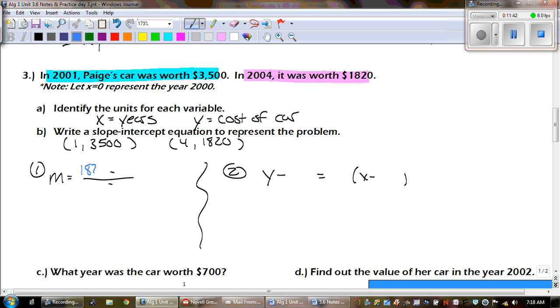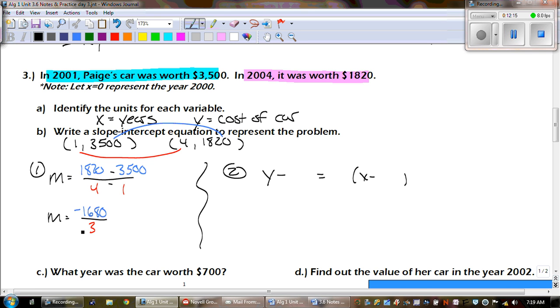So we have 1820 minus 3500, and then 4 minus 1. 4 minus 1 is 3. And then we have 1820 minus 3500. What'd you guys get? It's a negative number. Okay, I got negative 1,680.